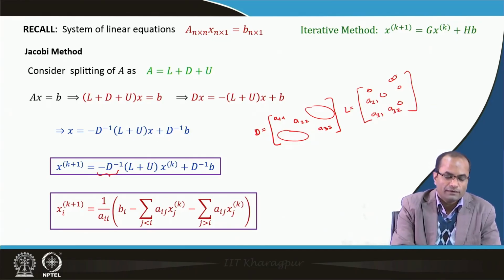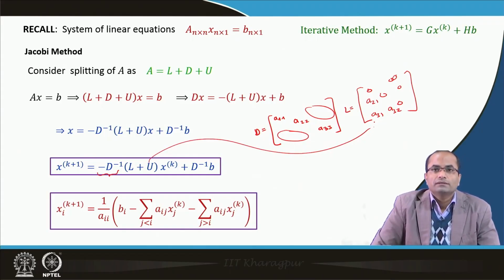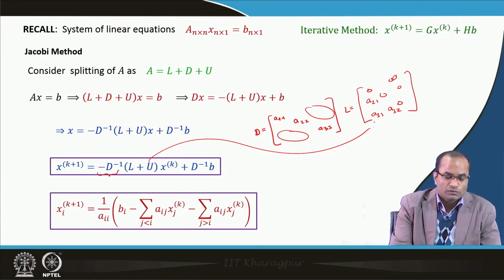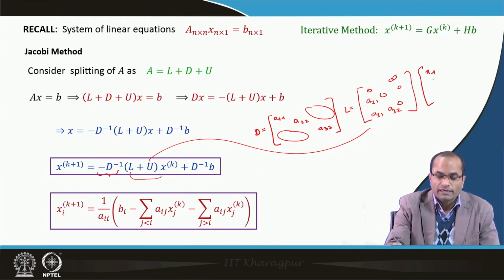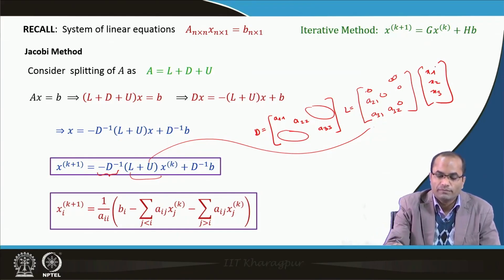Similarly, in the upper triangular matrix only the terms above the diagonal survive, all others are set to 0. So, when we multiply L with x, for instance if we take x 1, x 2, x 3, what will happen? The first term is 0, then a21 will be multiplied by x 1, and that is all.